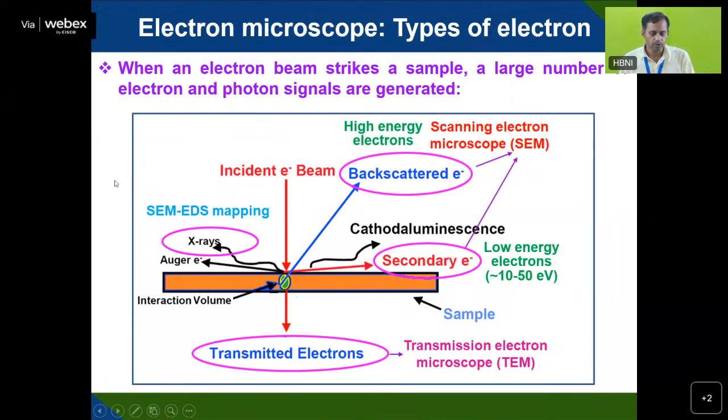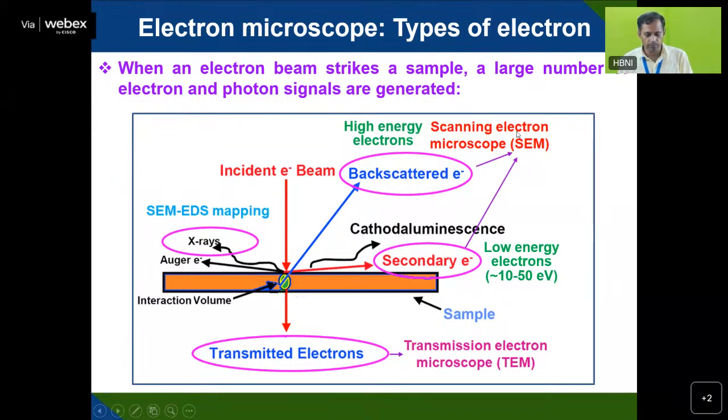So if we go to the basics of electron microscope, it all depends on which type of electron you are collecting. When an electron beam strikes a sample, which we already discussed earlier, a large number of electrons and photons are generated. Based on which type of electron or photon beam you are using, you can distinguish the characterization techniques.